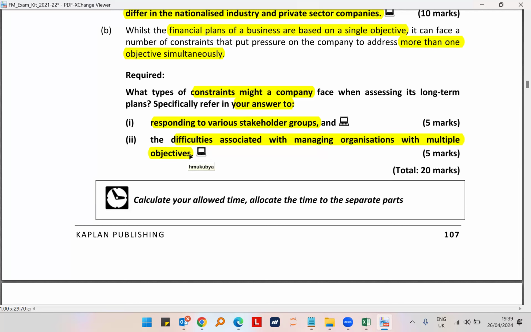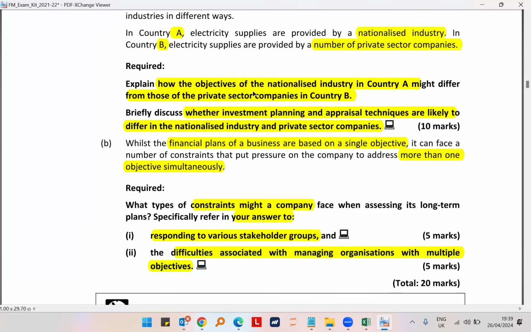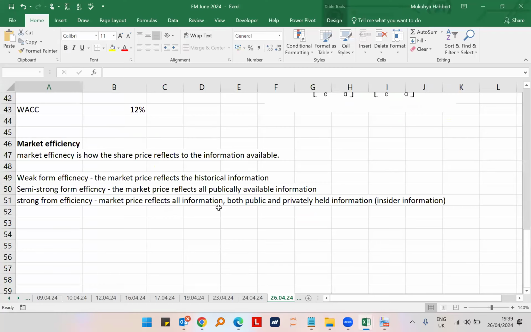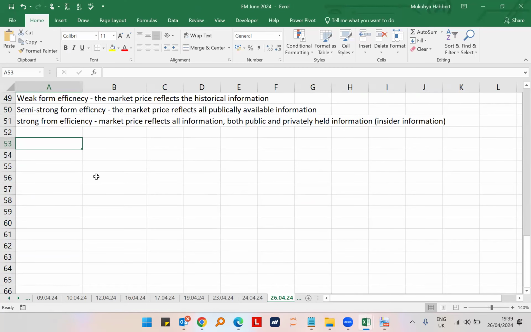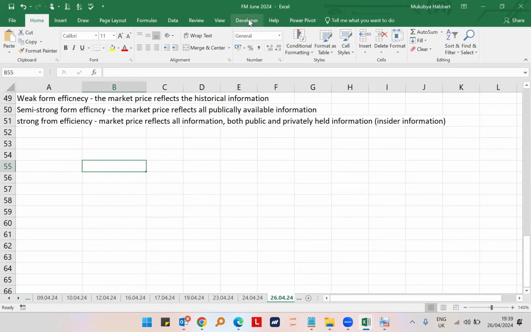So now let us start by looking at the objectives that the companies would have. Now remember that this one will be written in a word format. However, okay, let me just do it on Word.